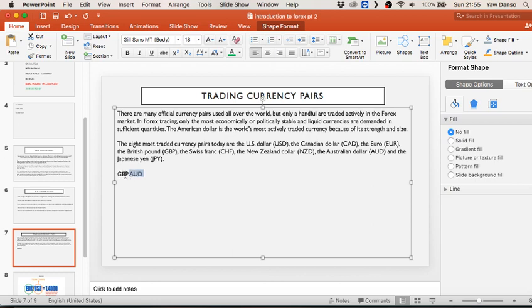If I know that GBP, the British pound, is weak and the Australian dollar is strong, yeah, I will sell this and buy that.